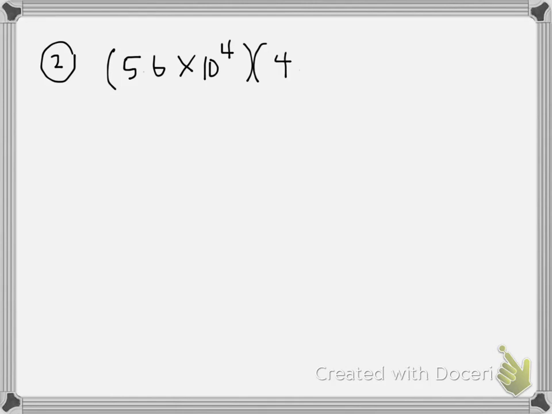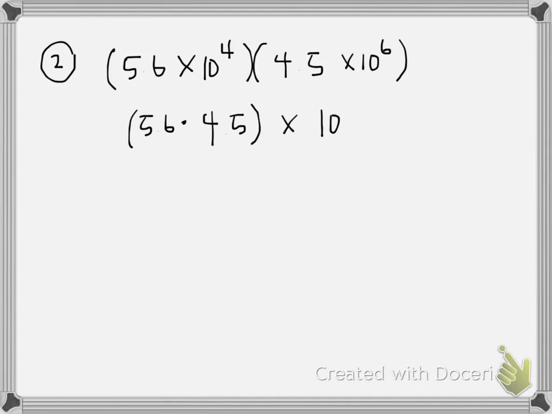This one's 5.6 times 10 to the 4th times 4.5 times 10 to the 6th. Okay, so I'm going to multiply 5.6 times 4.5, and then I'm going to say times 10 to the 4th plus 6, which will be 10 to the 10th.